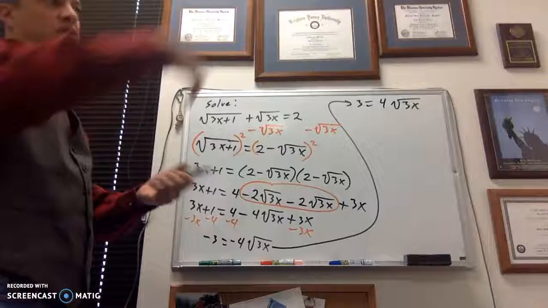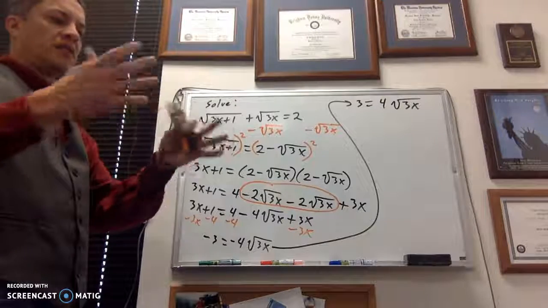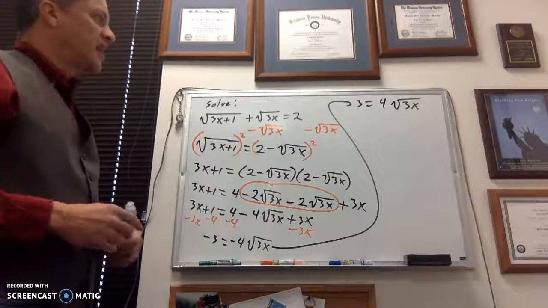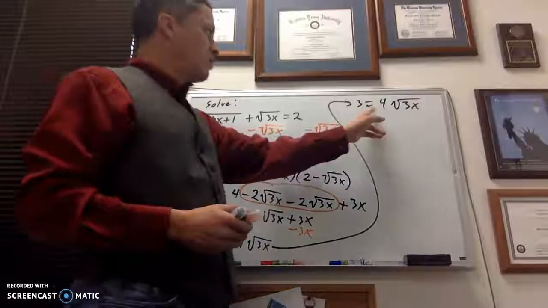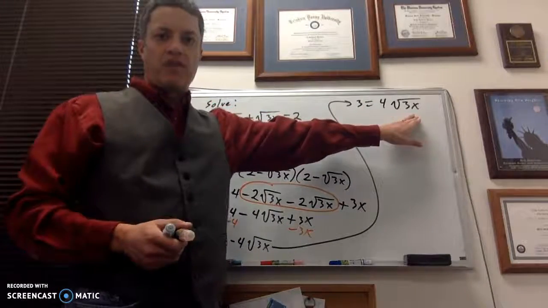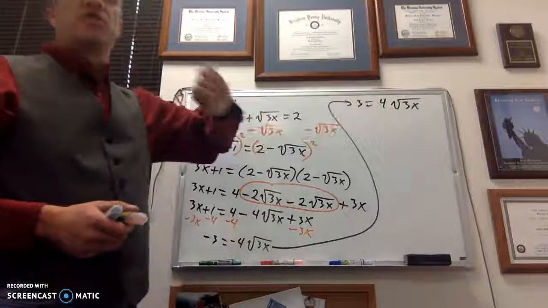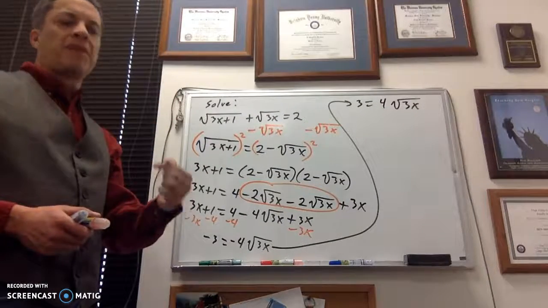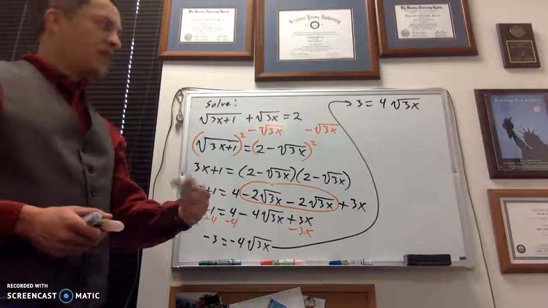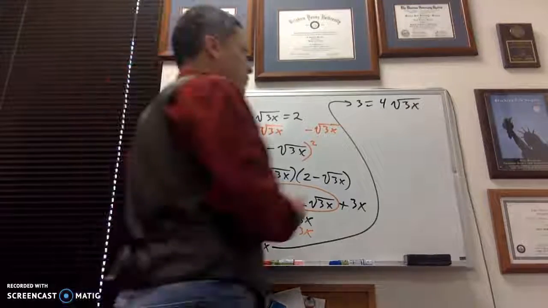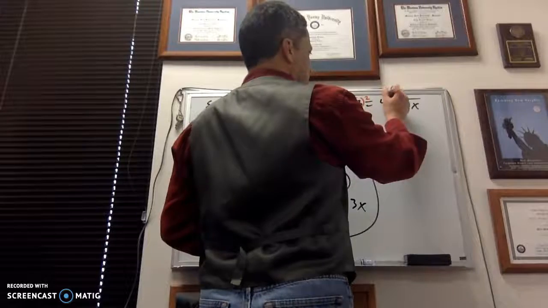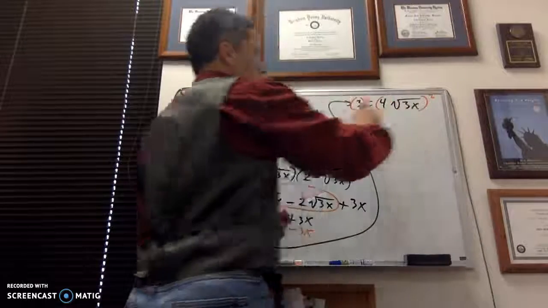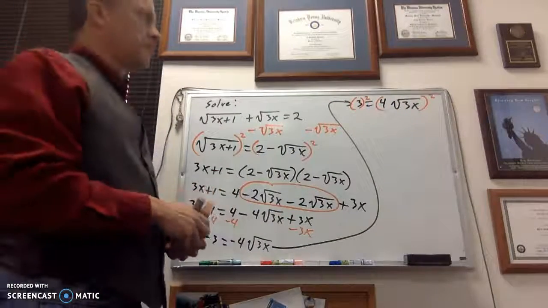So Clint Eastwood just shoots the guy anyway, and the little kid gets away. And that's kind of what we got going on here. I could divide by 4 and really isolate for that square root. That will put me in a situation where I'm going to have to square a fraction of 3/4. That might not be the easiest thing for you to do. The easiest thing for you to do in this case might be to just go ahead and square both sides. And hopefully you don't shoot that innocent bystander.